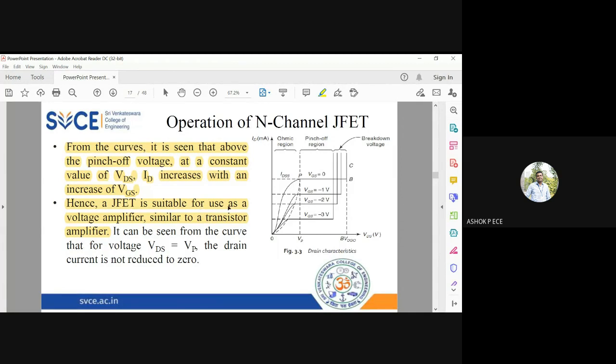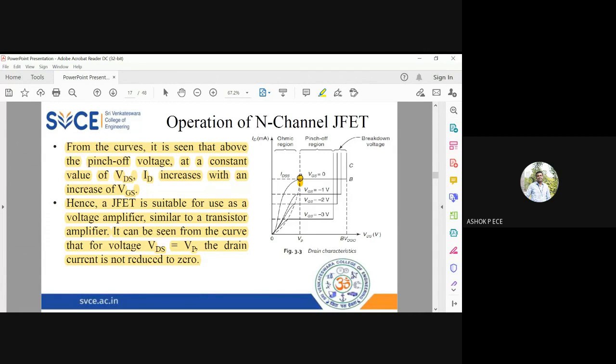Even when pinch-off happens, the drain current is not 0, because a constant current is flowing through the device. What is the pinch-off condition? The area of the channel is minimum. The channel is not completely cut off. The area of the channel is minimum, but still current will flow. That is a very, very important thing. When pinch-off happens, you should not think the channel is cut off and the current is 0.